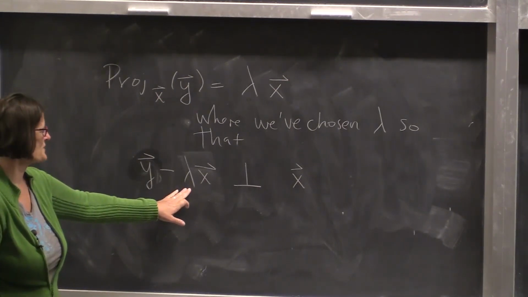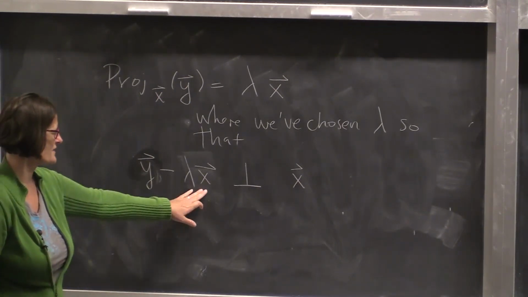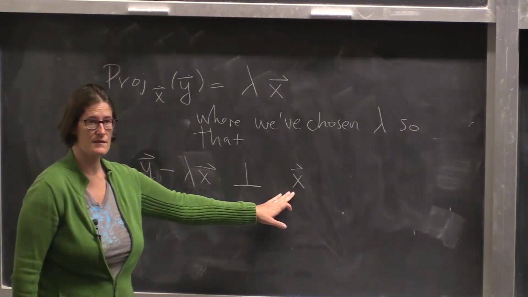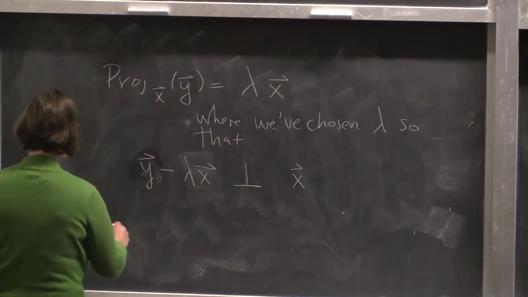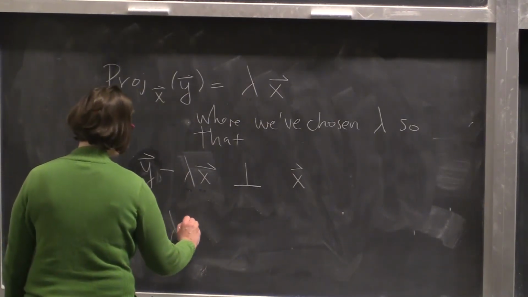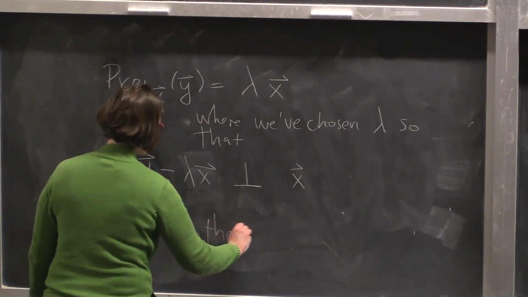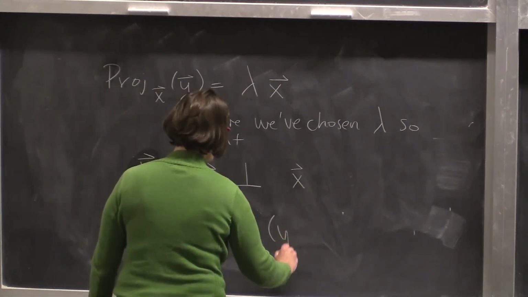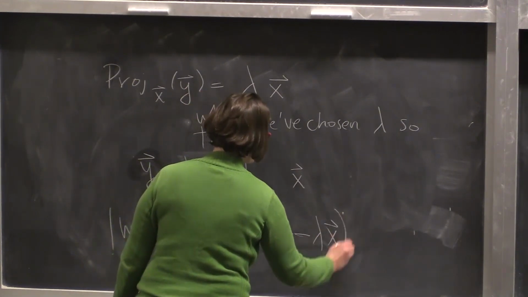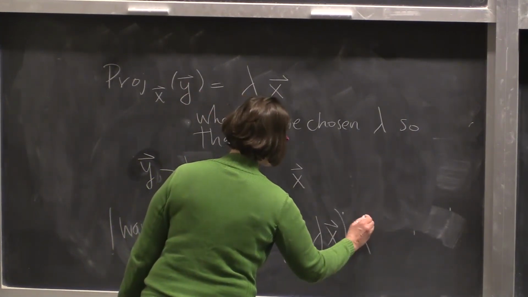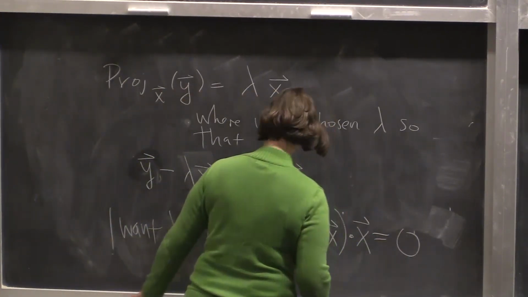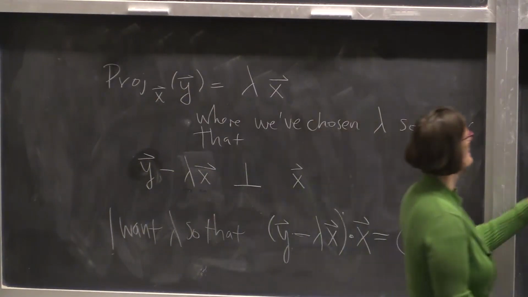Here, I'm saying it's a very specific scalar multiple. It's the scalar multiple so that if I take y and I subtract off the projection, I get a vector which is orthogonal to x. So that means I want lambda so that y minus lambda x dot producted with x equals what? 0. So let's run with that.